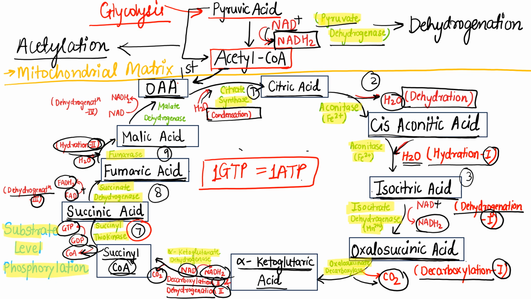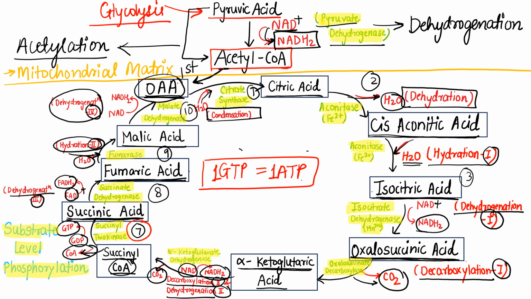This was the ninth step, and the last 10th step is conversion of malic acid into again OAA, that is oxaloacetic acid, and then the cycle continues. So this step is done in the presence of malate dehydrogenase, and here dehydrogenation takes place again.